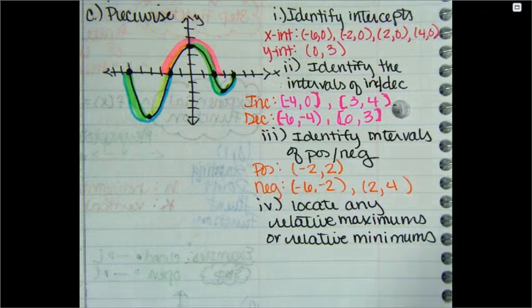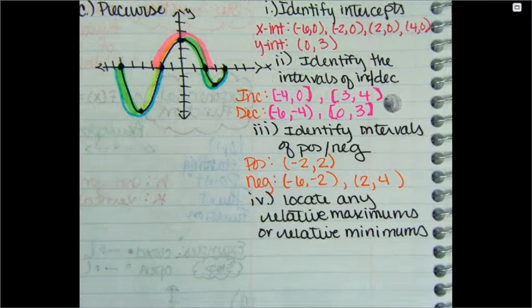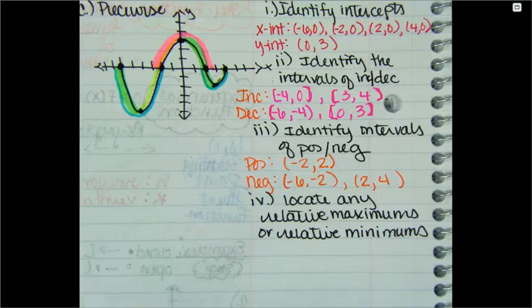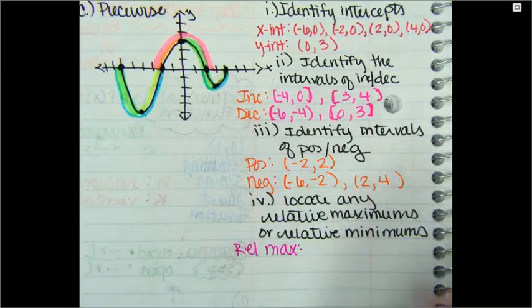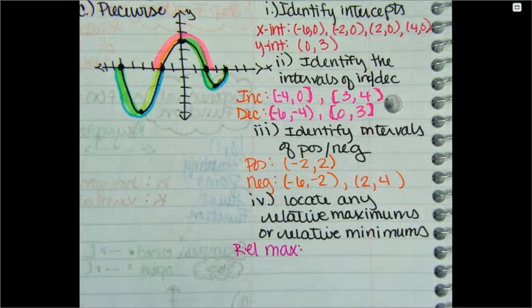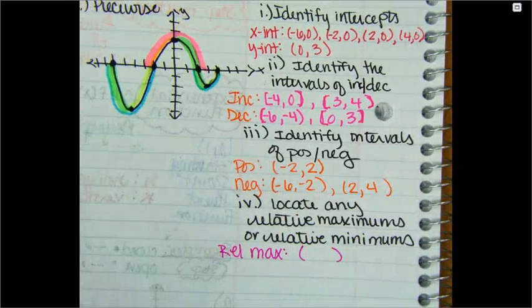Okay, next. Relative maximums or relative minimums. Now, when you had a vertex for a parabola, you either only had one max or one min, right? Okay. This one has multiple turning points. Yes? So can you have more than one? Yep. So let's list relative max first. What is your relative maximum? Is there one or more? There's just one. Where is it? 0, 3.